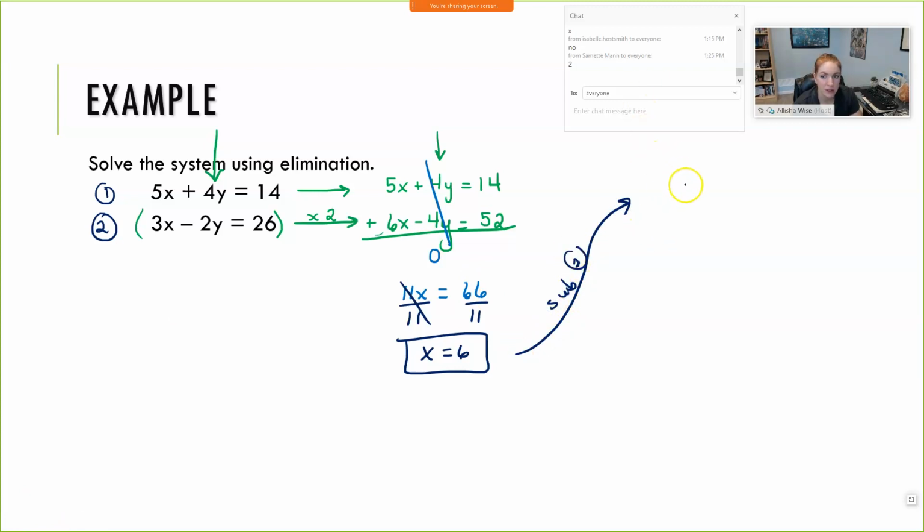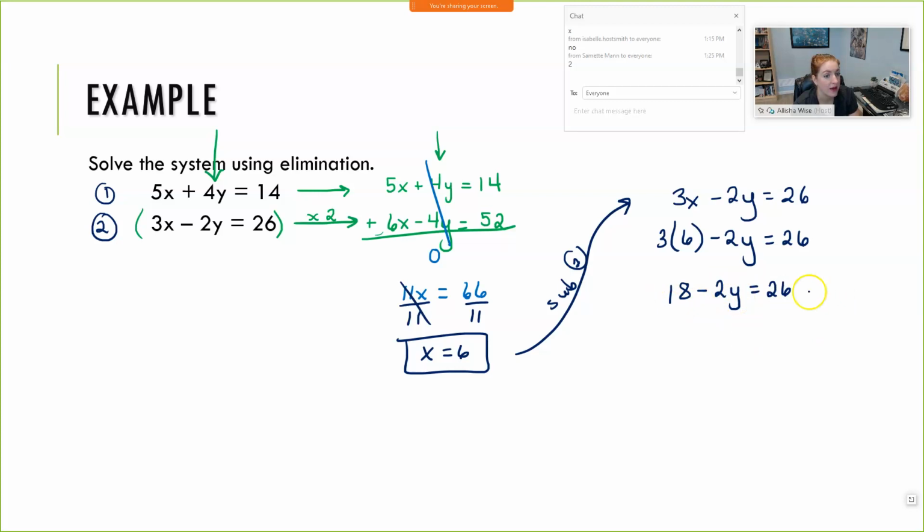Again, it doesn't matter which one you substitute it in for. So 3x minus 2y equals 26. Plug in 6 for x. 3 times 6 minus 2y equals 26. Let's see. It's going to be 18 minus 2y equals 26. We've got to go ahead and get that y by itself.